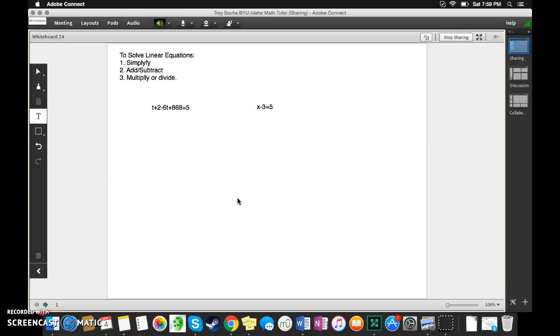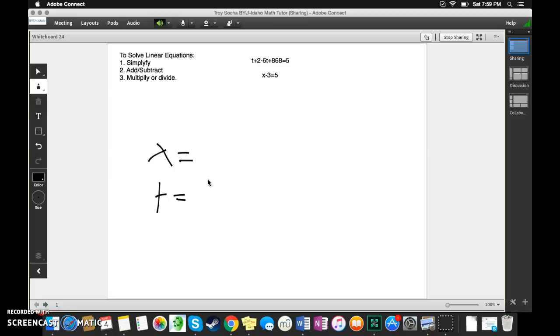That one is linear. Linear just means we have one variable. So they're solvable because we have one variable. We can break them down into the variable equals form, so x equals or t equals.